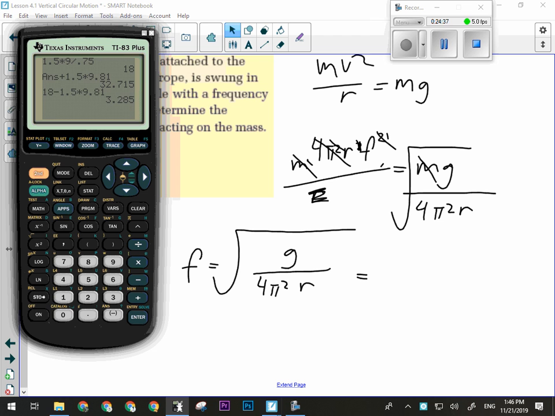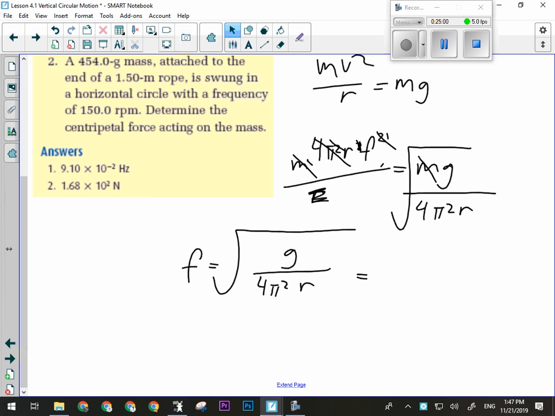So we are going to have the square root of 9.81 divided by 4 pi squared times 30 meters. So the frequency of this rotation is 0.091, or 9.1 times 10 to the minus 2, hertz.